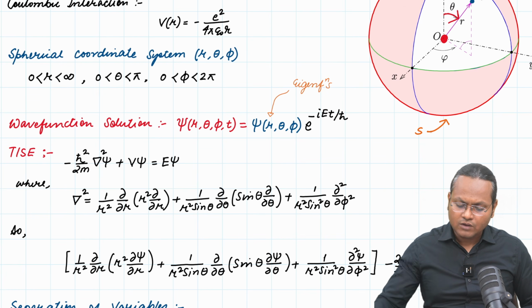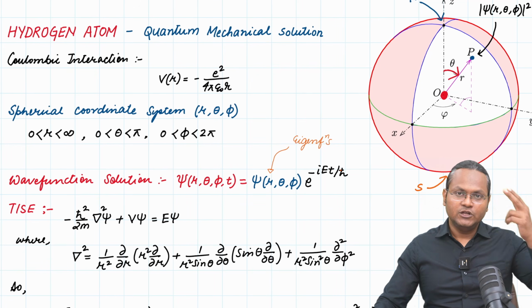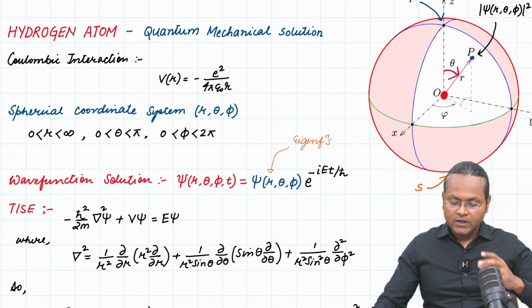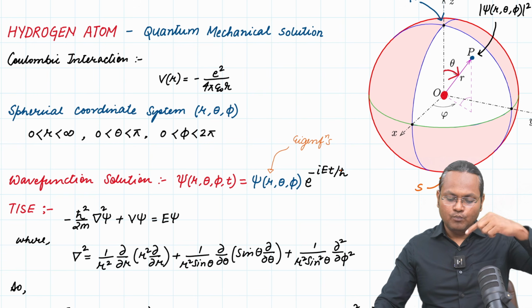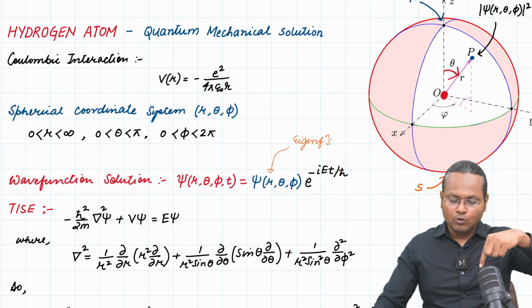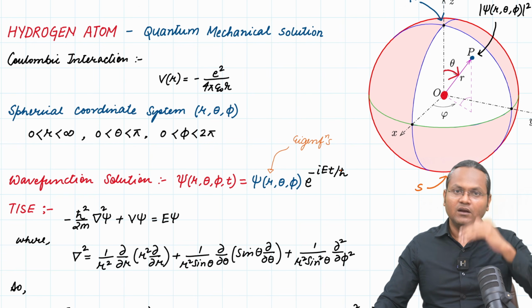If I can draw a straight line from the north pole to the south pole, the radial vector is going to make an angle theta with respect to that line. And as theta goes from 0 to pi, it traces out that particular region.